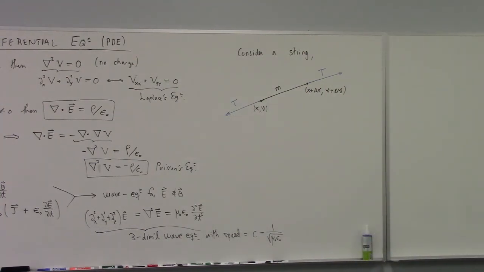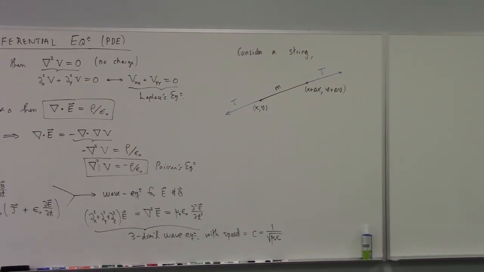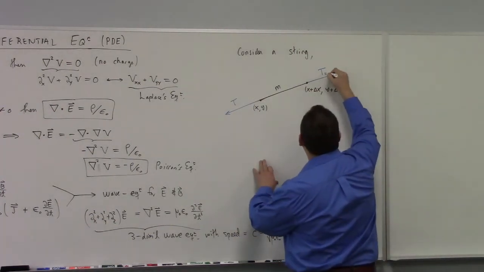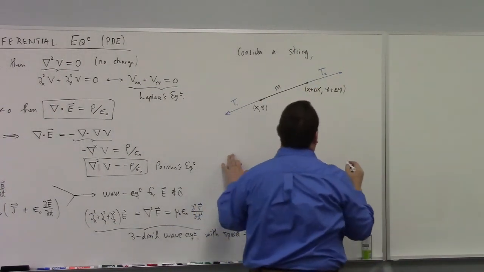Let's see if I can draw the right picture for us. So my observation is that the y component of, I'm going to call this one T2, and let me call this one T1 just to keep them separate.